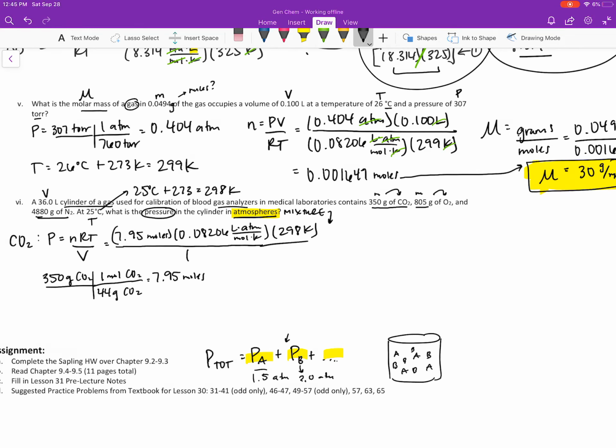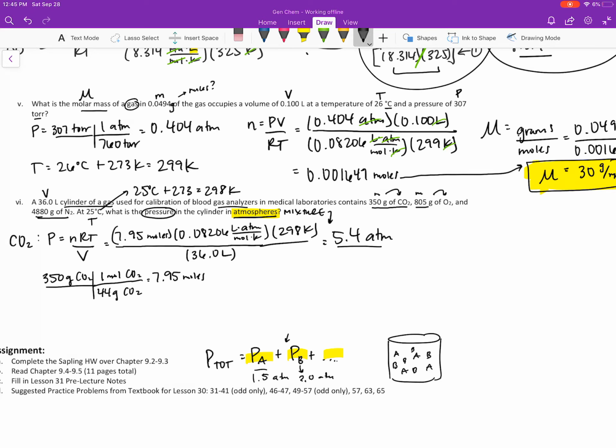Pretty common value. And the volume of my whole cylinder is 36 liters. Okay, so when I solve for this, it tells me that the carbon dioxide has an individual pressure of 5.4 atmospheres. So that's the first value I need.